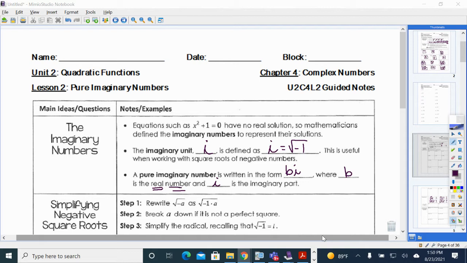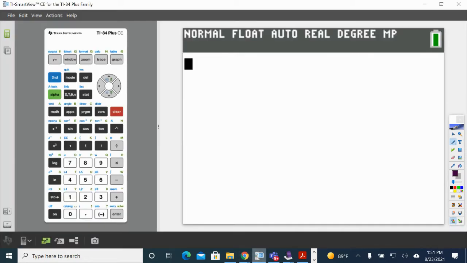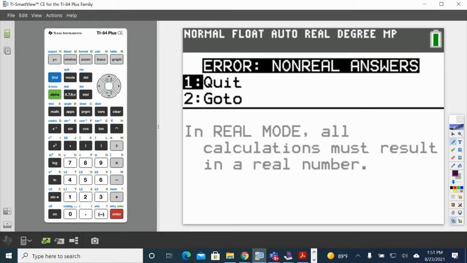A pure imaginary number is written in the form bi, where b is the real number and i is the imaginary part. So let me explain what all that means. Up till this point, when you tried to take the square root of a negative number, your calculator either spit out some kind of an error message or, like this one says, non-real answers.